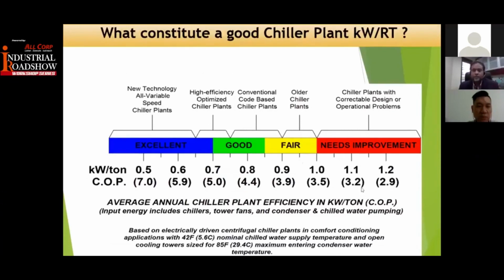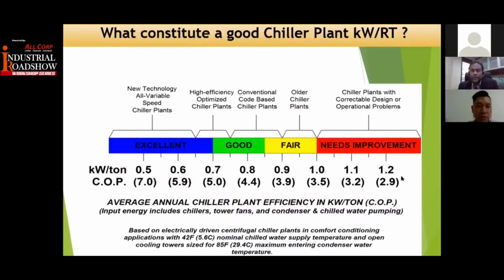If your kilowatt per ton is in the range of 1.2 or 1.1, there is a big improvement you can make from these numbers to 0.6. That will give you almost 50% saving of the chiller plant usage, right?